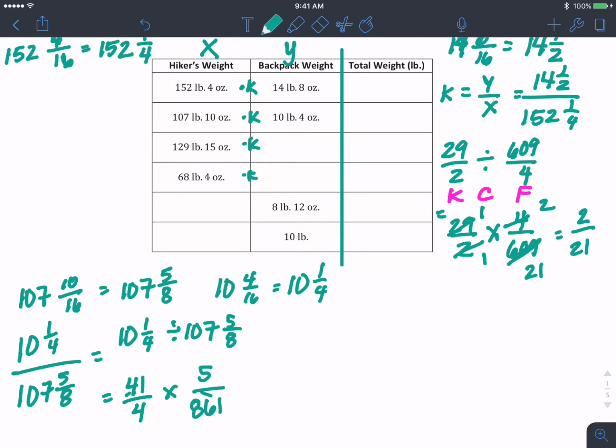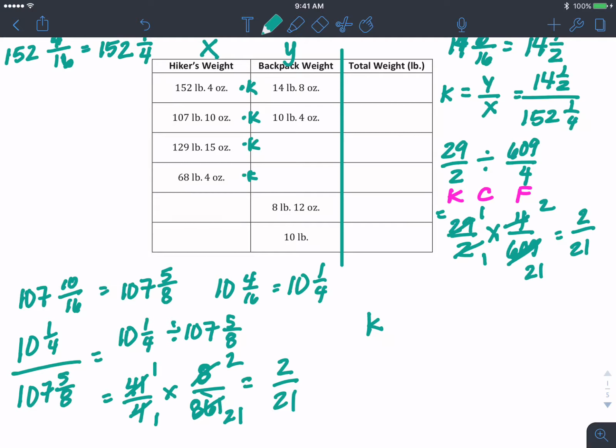Check that out, that's 21. And this is supposed to be 8. Sorry, that's supposed to be 8. I end up finding that this also cancels out, so this is 2 and 1. And I'm finding that my k value is 2 over 21. So that works. So that means our k value is 2 over 21. Yay, we found our k value.